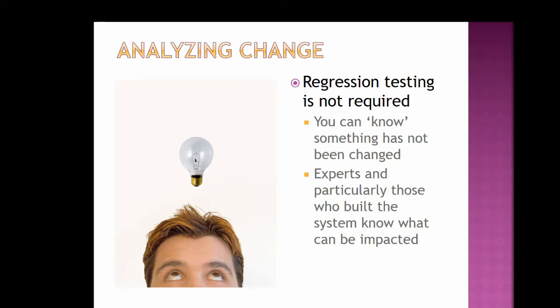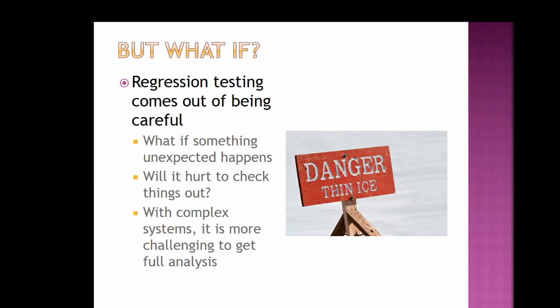So you need to have some analysis that something changed, but what's the expected impact of that? The easy answer is test everything every time, all the time, but it's not the cheap answer or necessarily the right answer. So regression testing basically is there as a warning sign. Something changed. Did it screw something up?